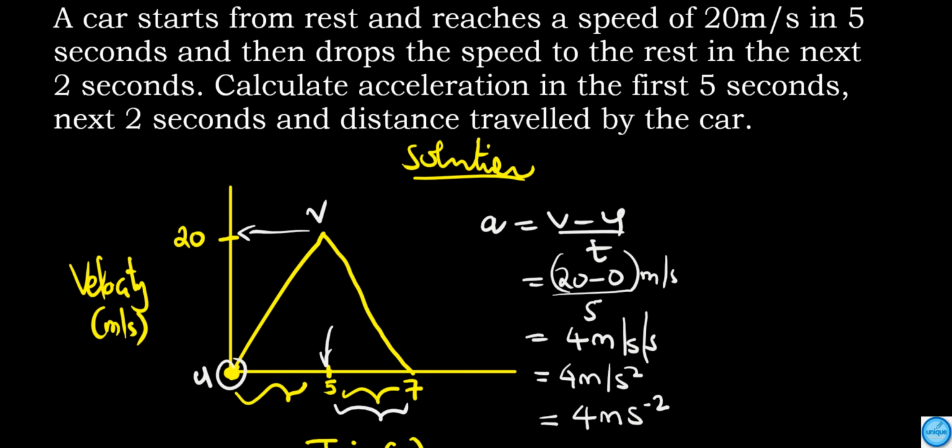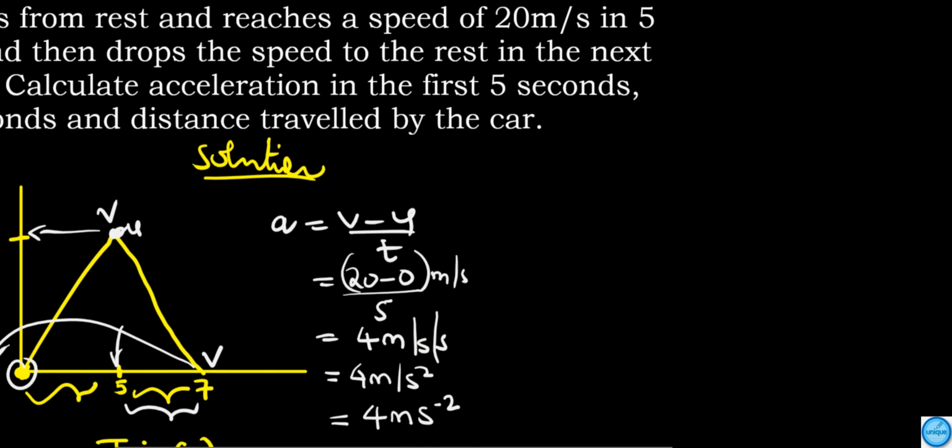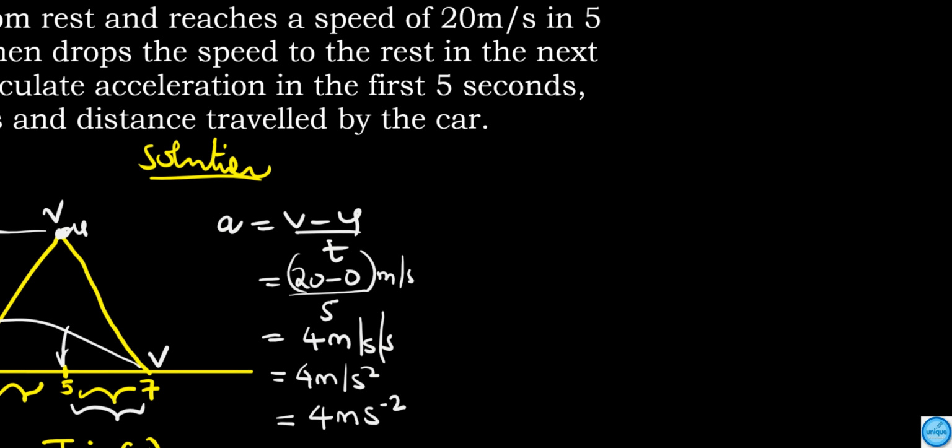The next is the acceleration in the next 2 seconds. In this case the initial is u, and the final is v. The final velocity will be 0. So acceleration is equal to v minus u over t.